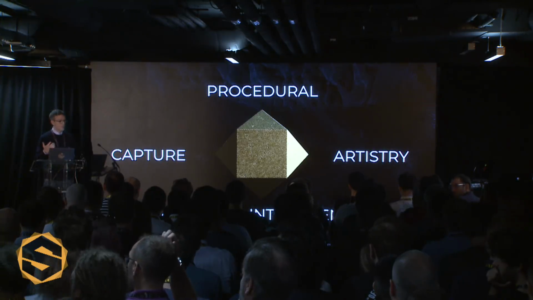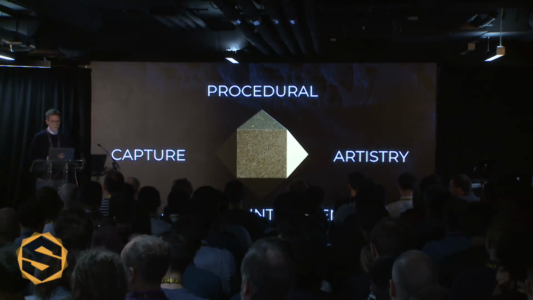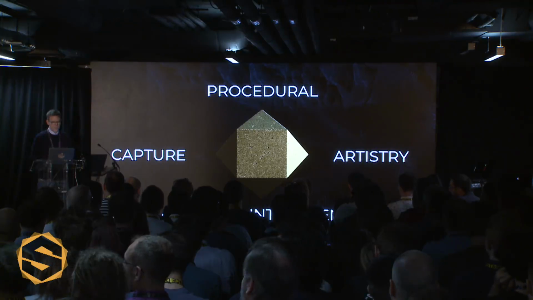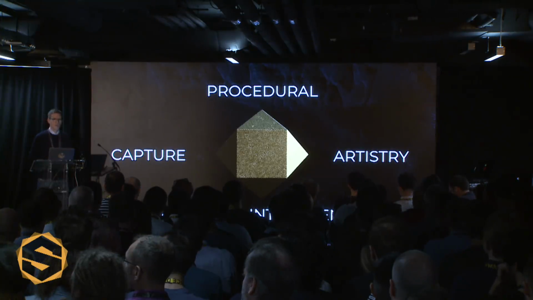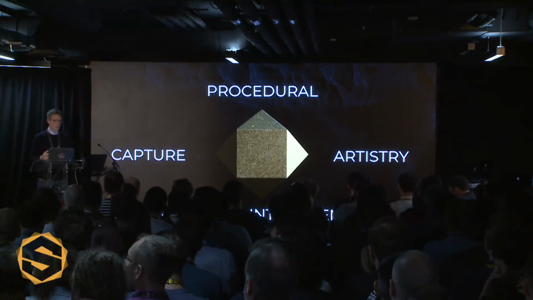You can capture some parts of it. You can do pretty much everything by hand. This is what artistry means, but I will show you a different meaning for artistry as well. But you can also use artificial intelligence, and it will be our first foray into AI.